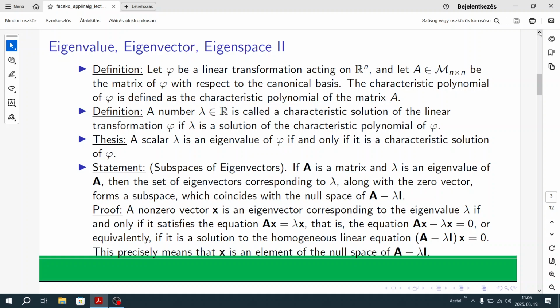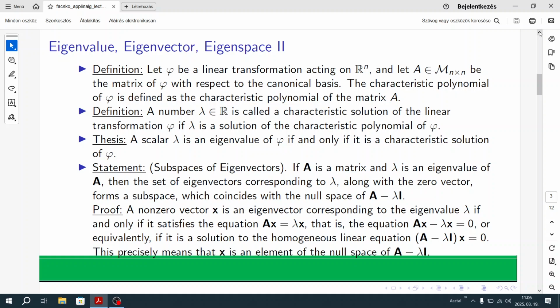this was a repeat. What I had done, I have a linear transformation, operator, function, whatever I want, and I'm looking for those vectors which are the same after applying this function to them, if I don't consider a constant. These are the eigenvectors and the eigenvalues. This is an example.